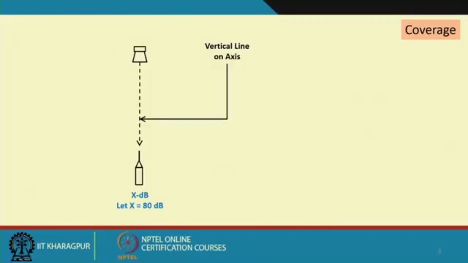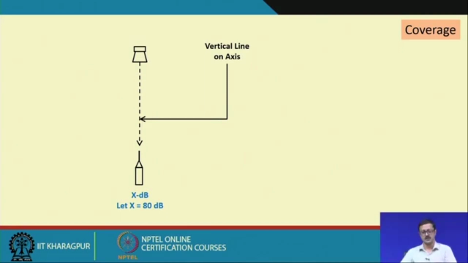In this slide, I have kept a loudspeaker in the ceiling and, just below it at a certain distance, a dB meter, a sound recording dB meter, and suppose the reading is x, almost 80 dB. This axis, just below, at 90 degrees, perpendicular to the center point of the loudspeaker, is called the on axis or vertical axis.